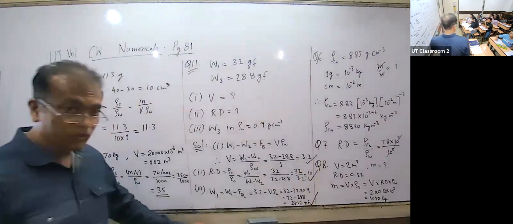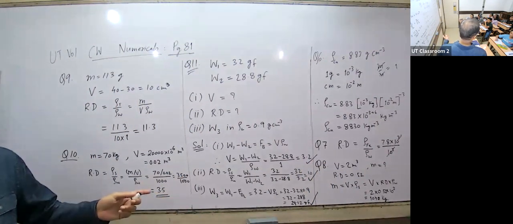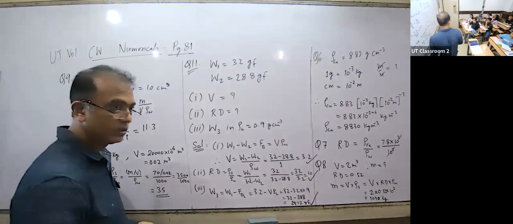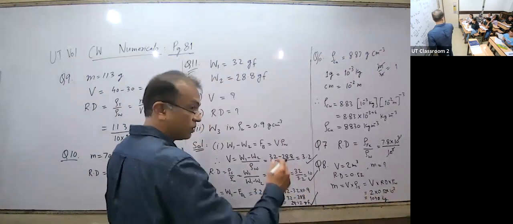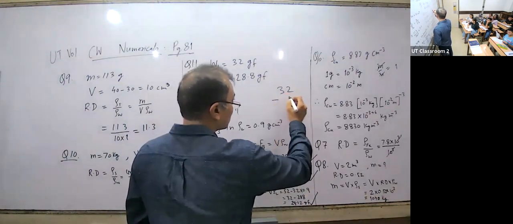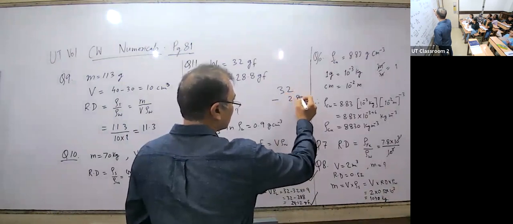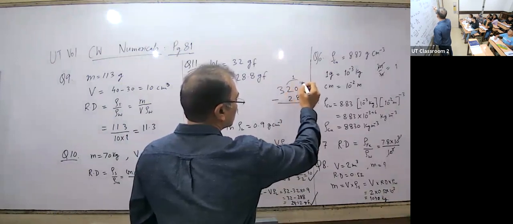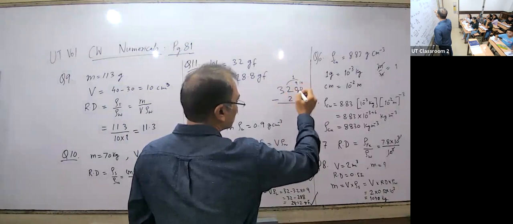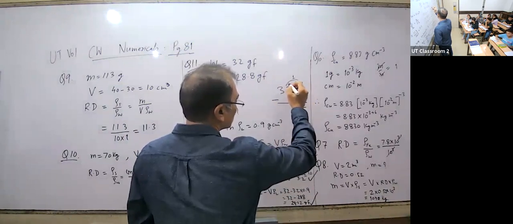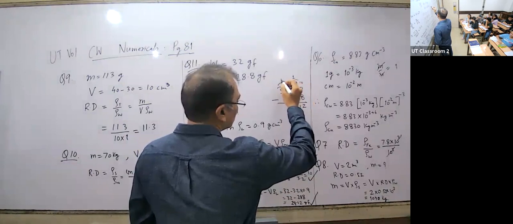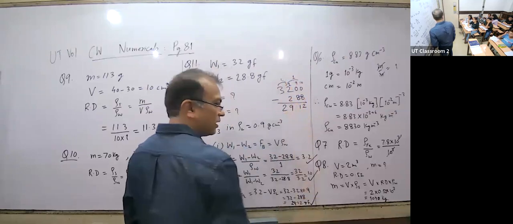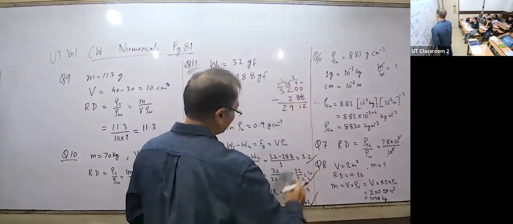Does anybody need help with this question? 32 minus 2.88, calculate. He will help you with that. Again, a calculation error. 11 minus 2 is 9.